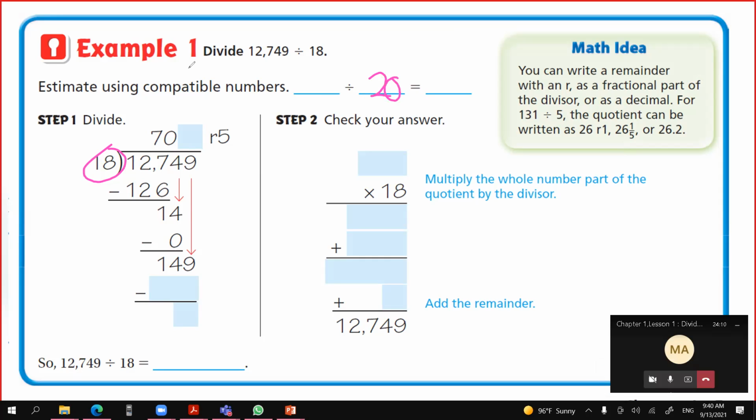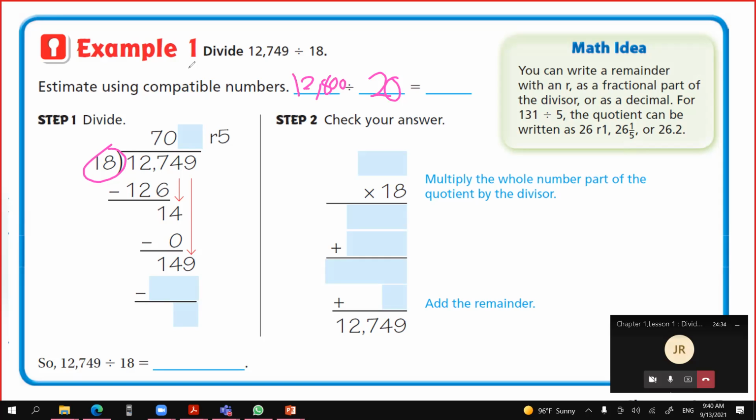Now look at 12,749. I want you now to estimate it using the compatible numbers and give me a number that can be easily divided by 20. Who can give me? Yeah, 12,800. Good job.